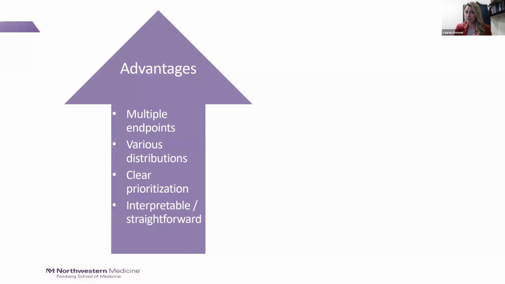It allows for this clear prioritization of the outcomes, and it's also pretty straightforward in terms of interpretation. Particularly if you're thinking about comparing it to something like a hazard ratio, which, especially from a patient perspective, can be challenging to interpret. So it does have that nice straightforward interpretation.